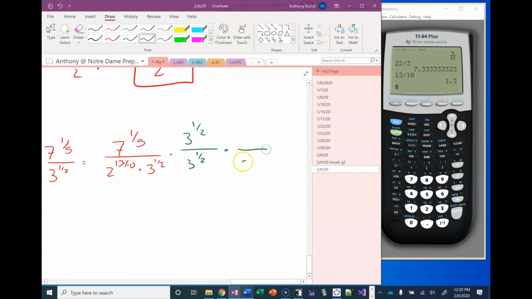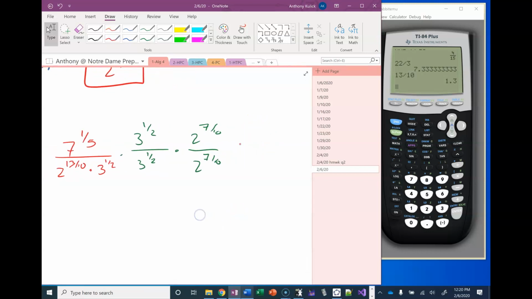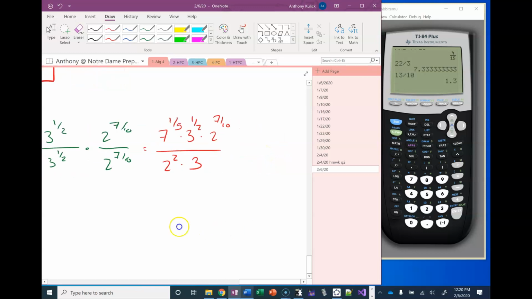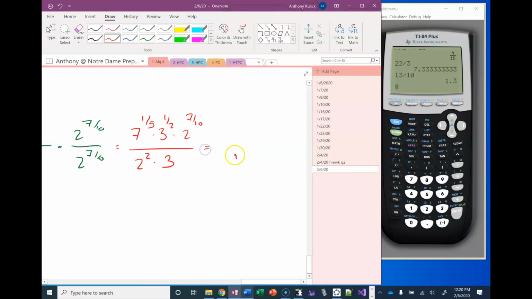So I'm going to multiply the top and bottom of this by 2 to the 7/10. So that's going to give me 7 to the 1/5 times 3 to the 1/2 times 2 to the 7/10 over 2 squared times 3. Two squared times 3 is 12.